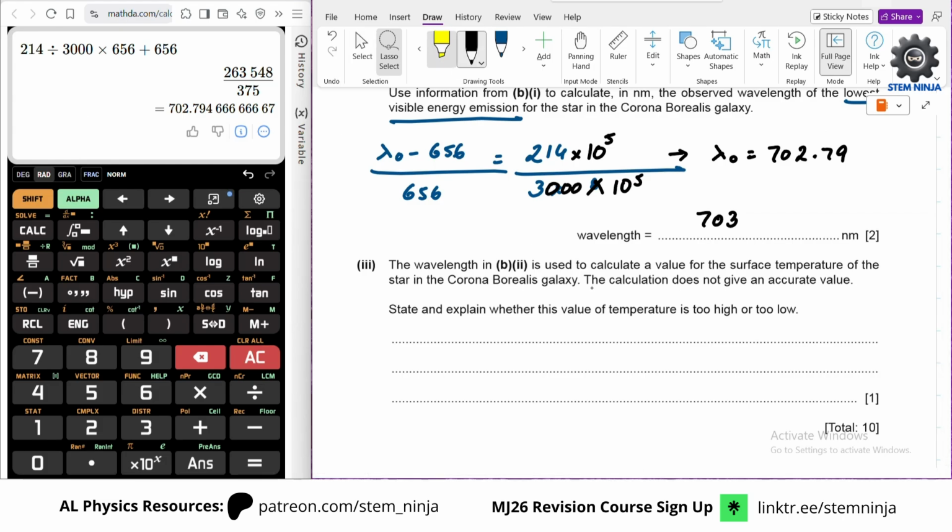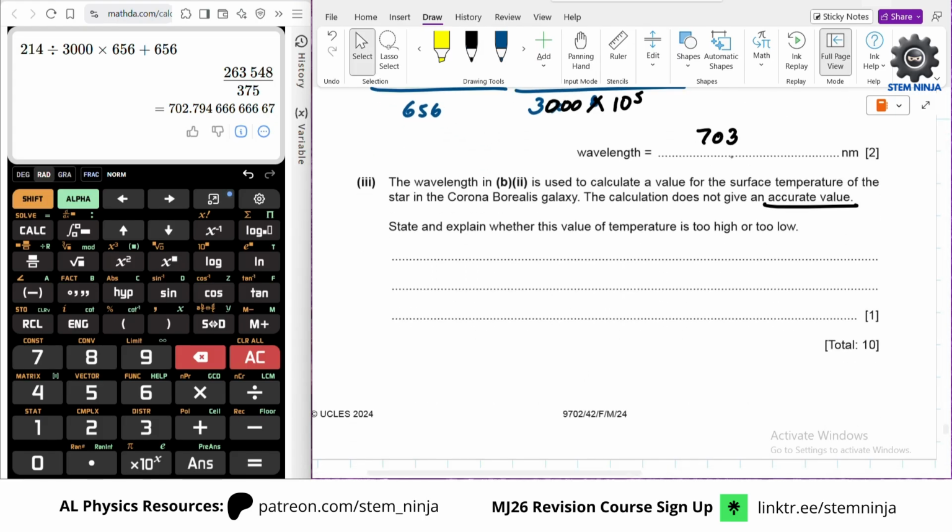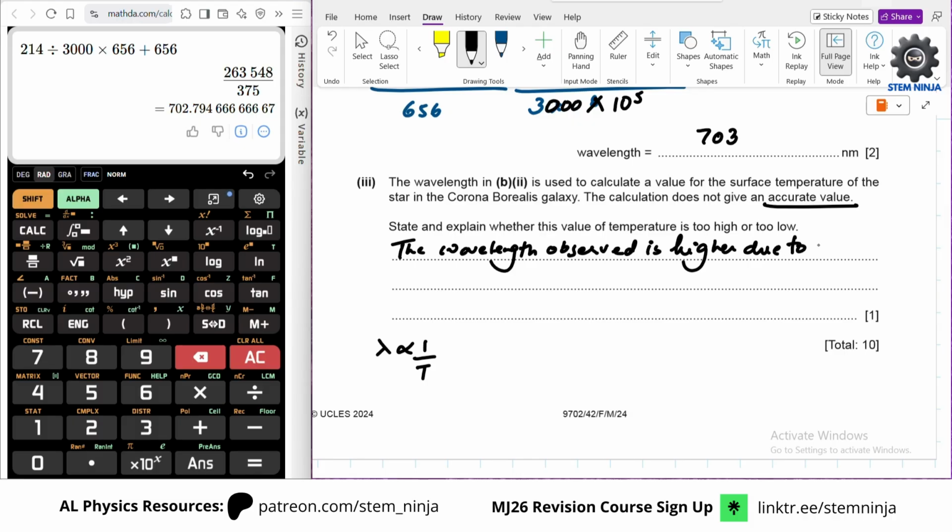The wavelength in B2 is used to calculate a value for the surface temperature of the star in Corona Borealis. The calculation does not give an accurate value. State and explain whether this value of the temperature is too high or too low. So because the wavelength is high, the calculated temperature would be lower. So the wavelength observed is higher due to redshift.